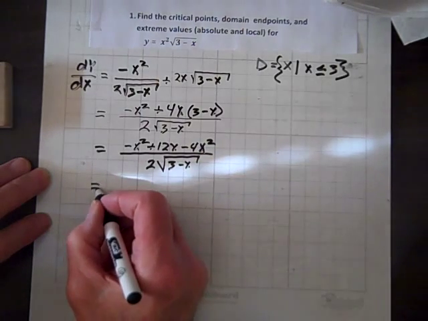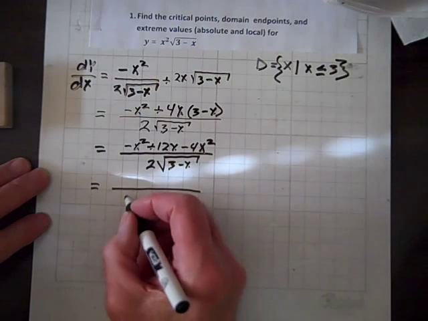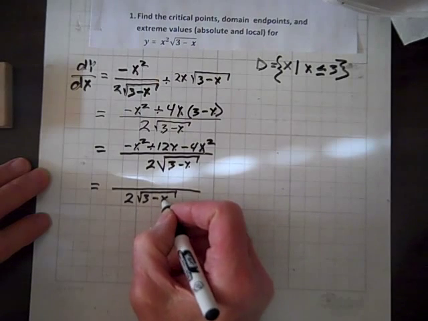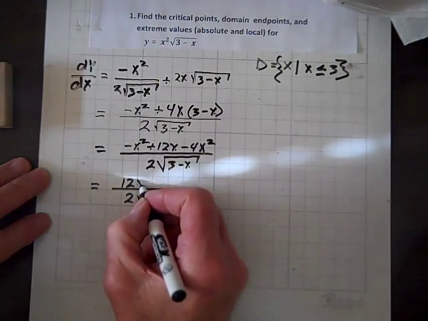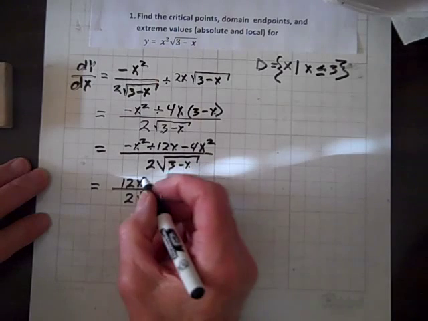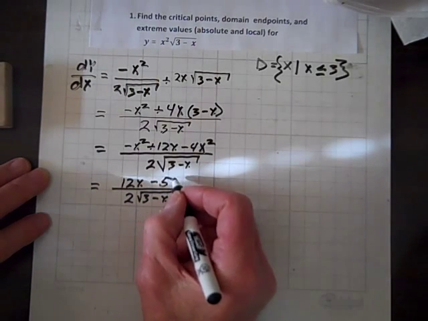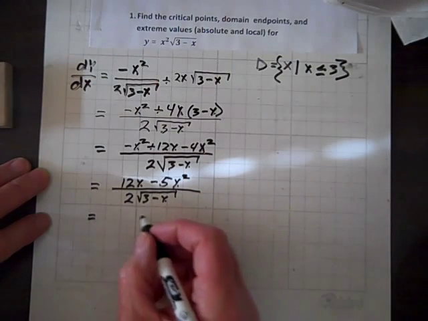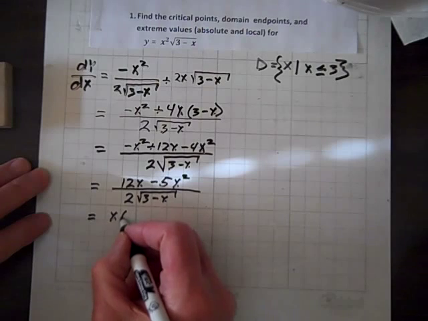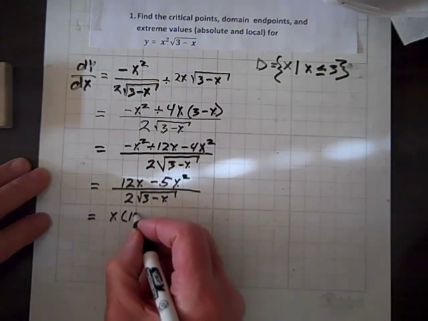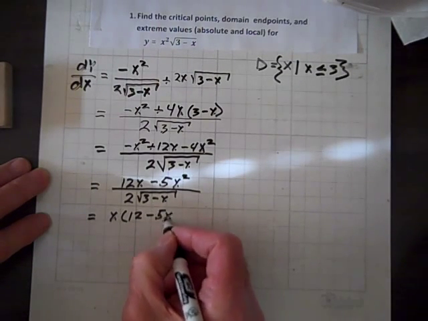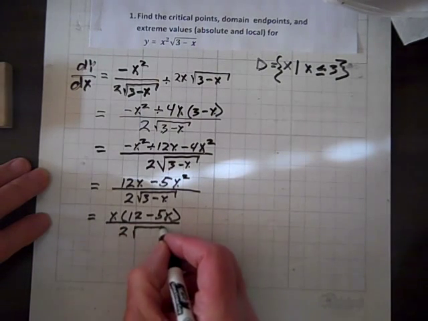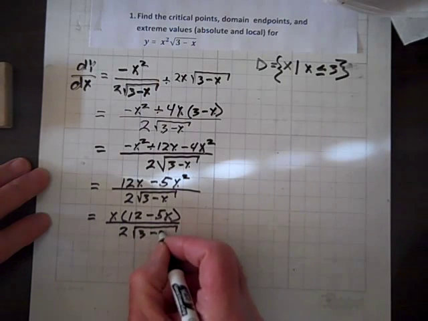Now combining like terms, we have 2 root 3 minus x and 12x, and a minus x squared minus 4x squared is minus 5x squared. Now let's factor this numerator, and that will be x times 12 minus 5x, and in the denominator we have 2 times the root of 3 minus x.